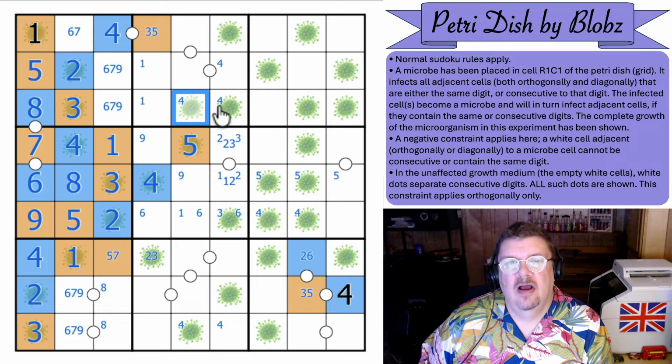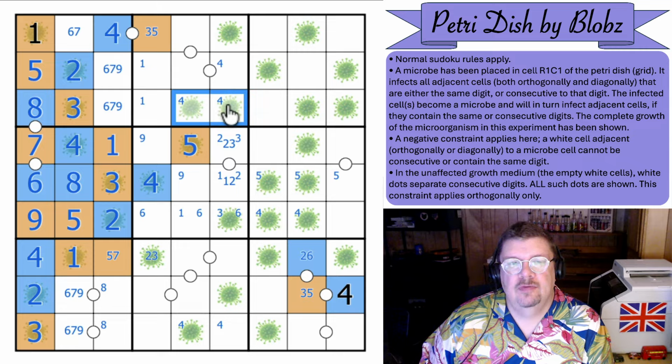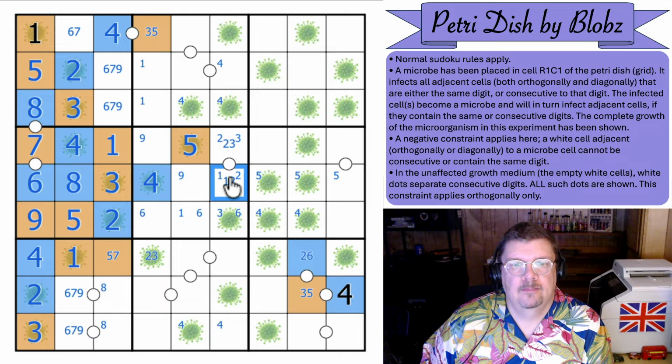If that 5 makes either of those a 4, that can't be a 3. That's interesting. Yes. So if either of those is a 4, that's not a 3, therefore it's a 2, and that's a 1, which makes that 3.